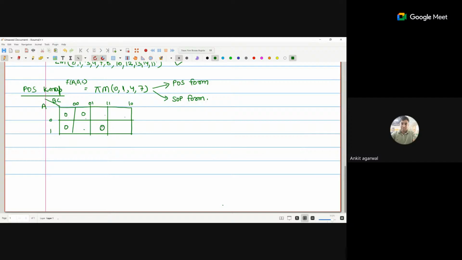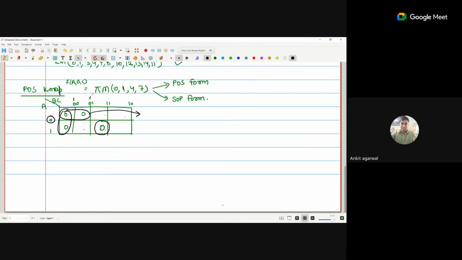Now create a group. One group with this one, another group with this one, and this one we can't create a group for, so it is a single. Now for this group, A is constant as well as B is constant.